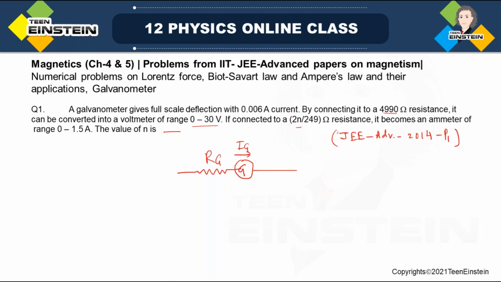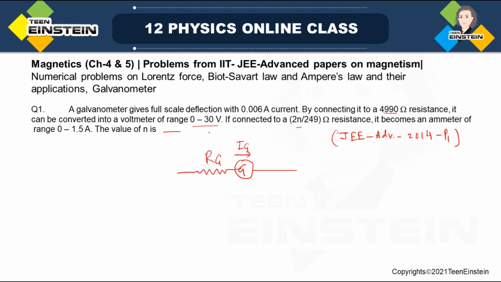That is actually called the maximum limit of the current of the galvanometer.